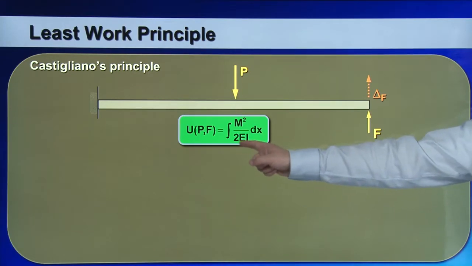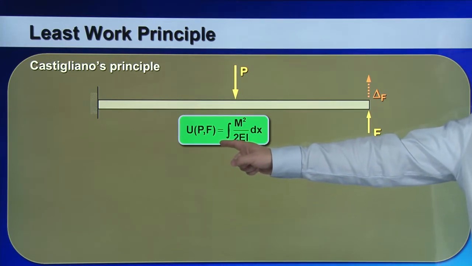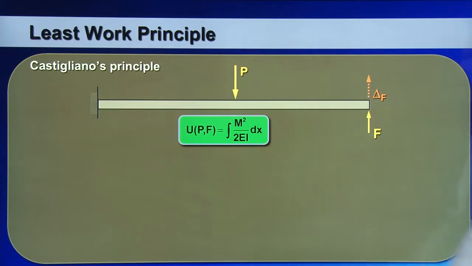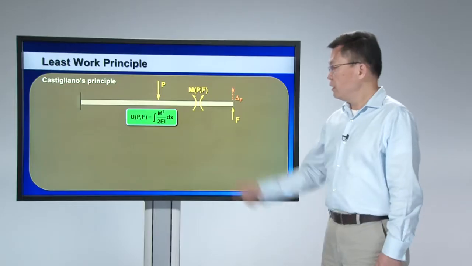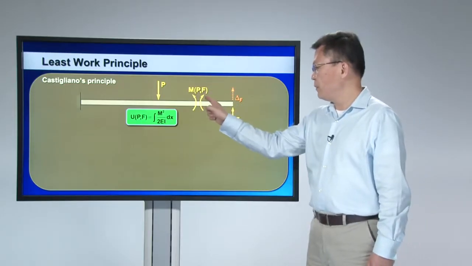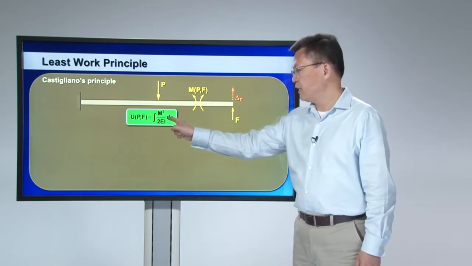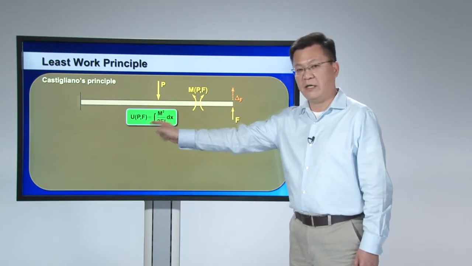I first calculate the strain energy, U, equal to the integration of M squared over 2EI dx, where M is the internal bending moment, which is a function of P and F. So you find the internal bending moment and substitute to get the expression for strain energy.